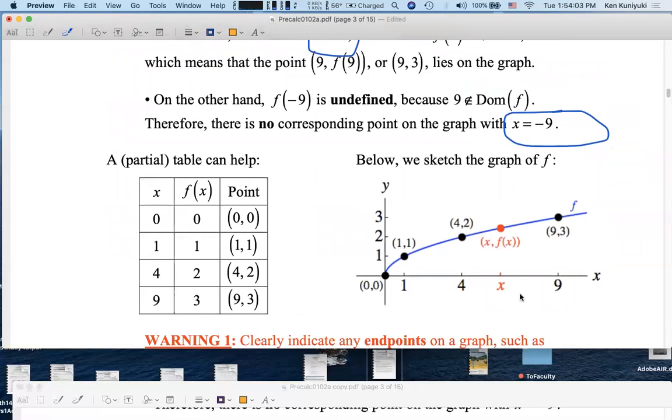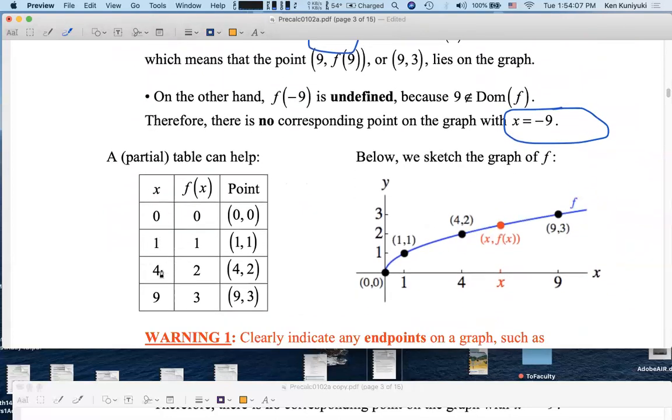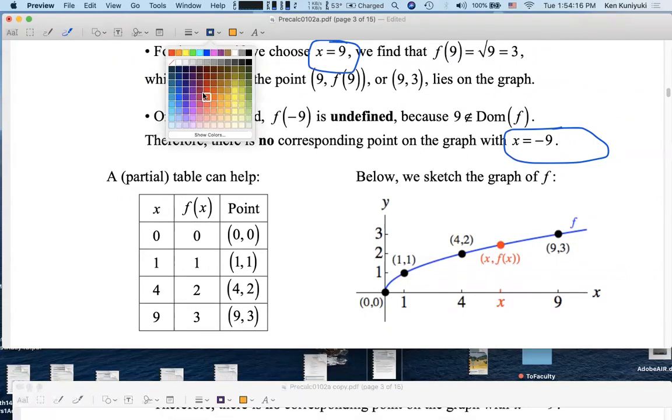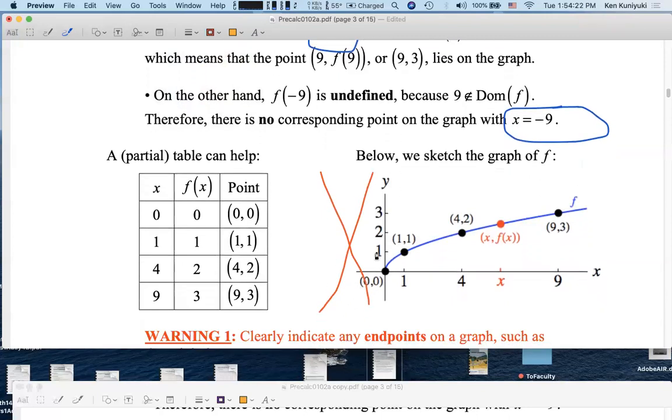So when you construct a table, you might want to plug in x equals 9, but you would not plug in x equals negative 9. You know that you're not going to have a point on the graph where the x coordinate is negative 9, or any negative real number for that matter, which means you're not going to have any piece of graph over here for negative values of x to the left of the y-axis.